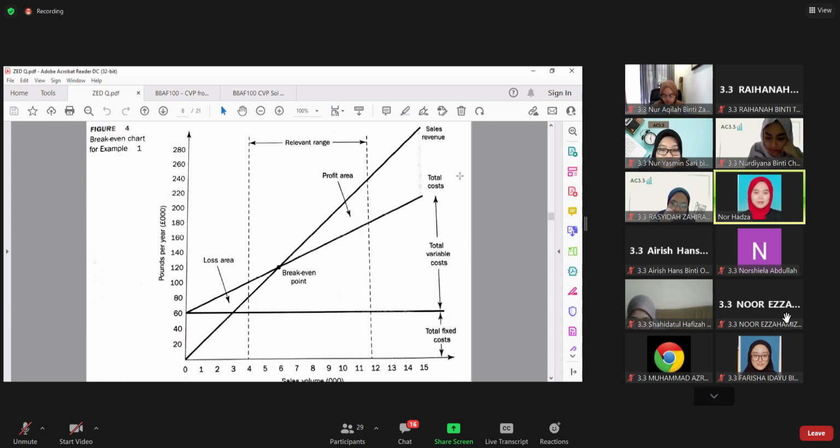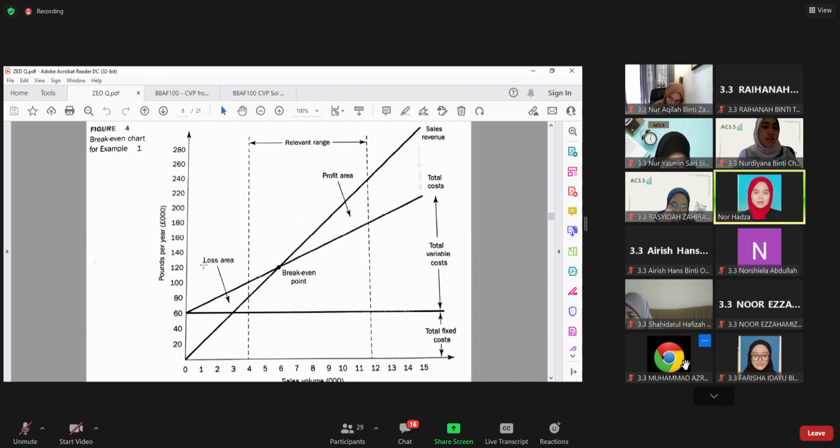To draw this, you need to plot the figures of total fixed cost and total variable cost on graph paper. Same goes for the sales revenue. When the sales revenue intersects with the total cost line, this is the point whereby it is a break even.